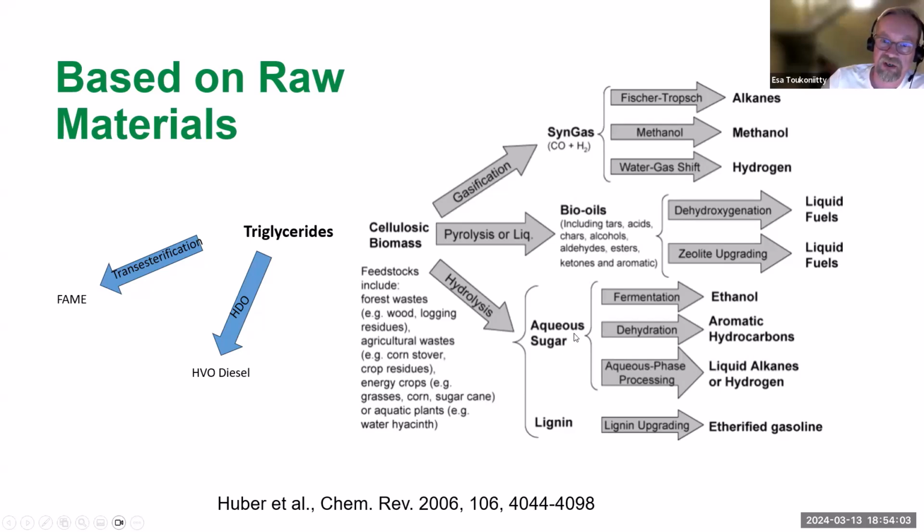That's one type of reaction that converts sugars chemically into hydrocarbons. I think that there is also a small section or chapter in the course textbook about this aqueous phase processing.